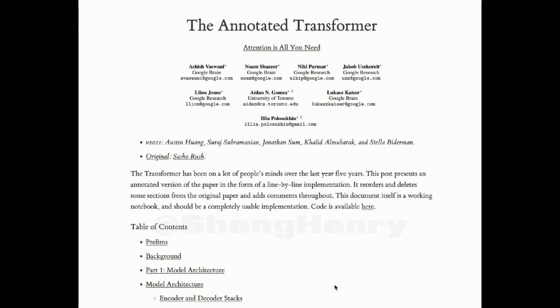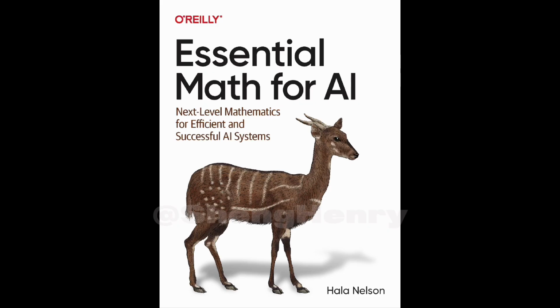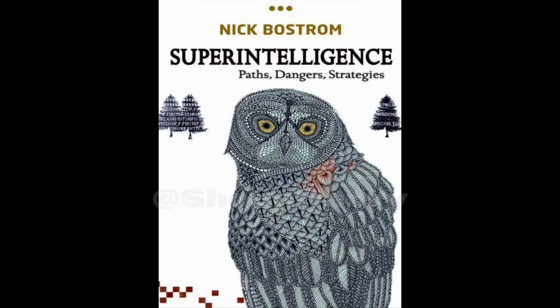Before we start, if you are new to machine learning, I strongly suggest that you read some books in this area. Here are 3 books I think may be useful for you in your AI learning process. The first one is Essential Math for AI, Next Level Mathematics for Efficient and Successful AI Systems, written by Hala Nelson. You will have a brief and clear overview of machine learning language as well as structure.